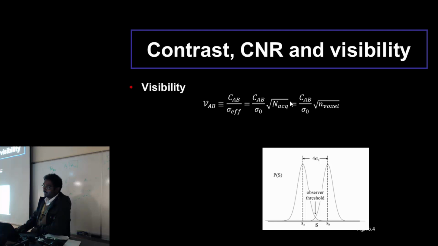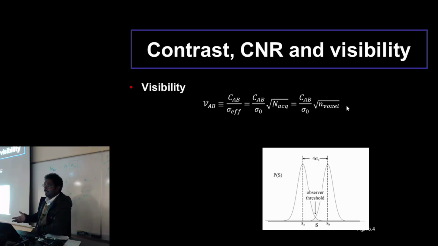The expression given here is showing two things. One, the contrast to noise ratio can be improved by the number of averages, basically because you're decreasing your sigma naught by square root of n acquisitions, square root of n averages, or if you have a large object.